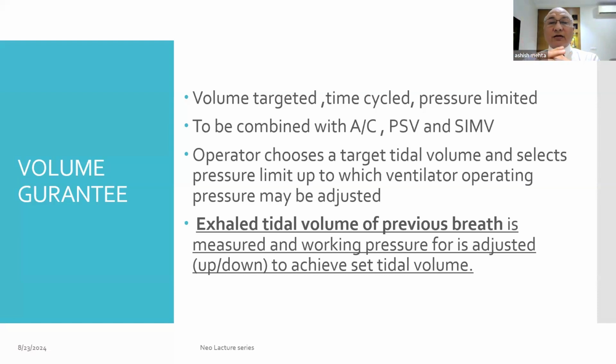What happens is that the operator decides a fixed tidal volume, or targets a tidal volume, and also selects the pressure limit. The ventilator will measure the exact tidal volume of the previous breath, and according to that, the machine will decide how much pressure is required to deliver the next breath.